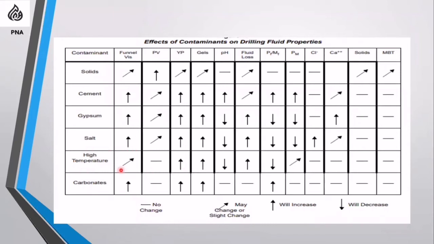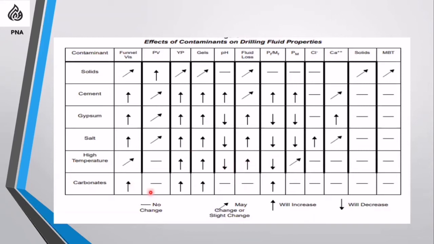Or also we can use high temperature chemical products. For example, for fluid loss, if we find this situation and we use starch for fluid loss, we have to replace the starch with a high temperature product to provide high temperature filtration.